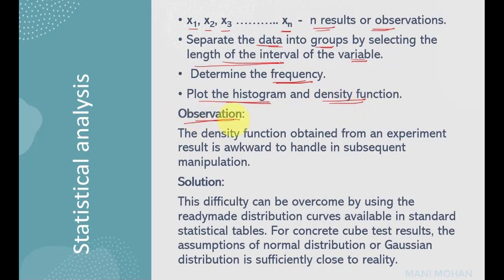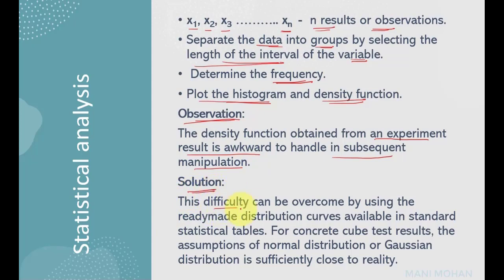Observation: the density function obtained from experiment results is awkward to handle in subsequent manipulation. That is, you cannot interpret or do any kind of mathematical operation on the density function obtained. Now, what can be the solution?